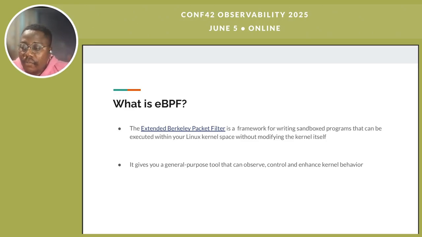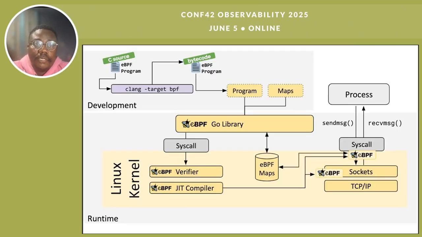Mainly, it does this by providing a framework for you to write kernel-compatible sandbox programs that can be executed directly in kernel space without modifying the kernel code itself or running afoul of any security protocols. You get a flexible tool that you can use to program observability, control, or enhance your kernel behavior.